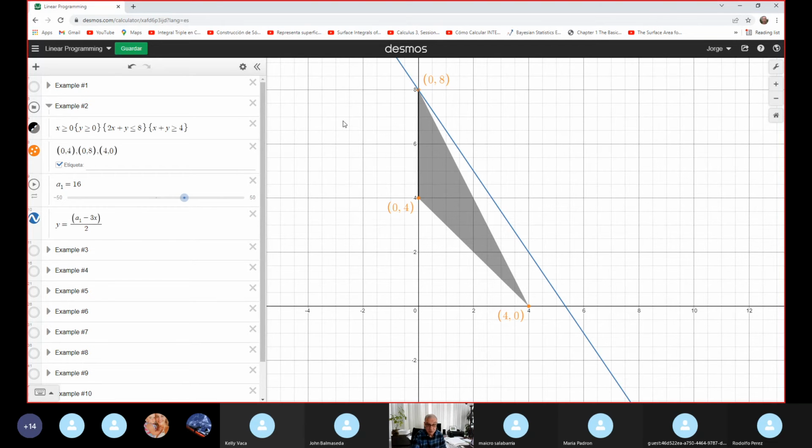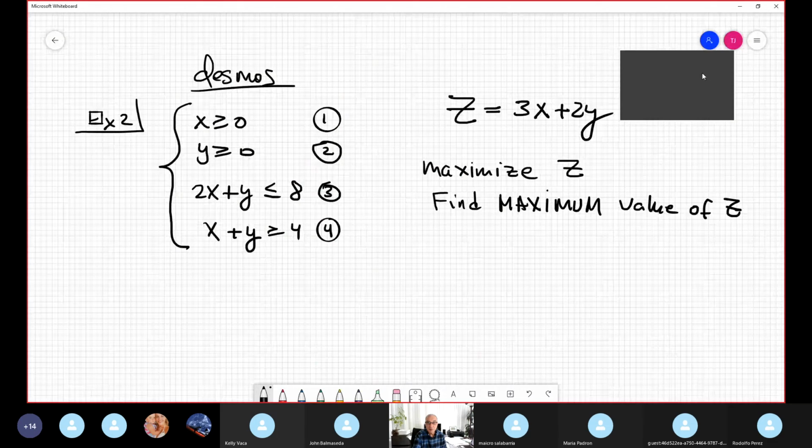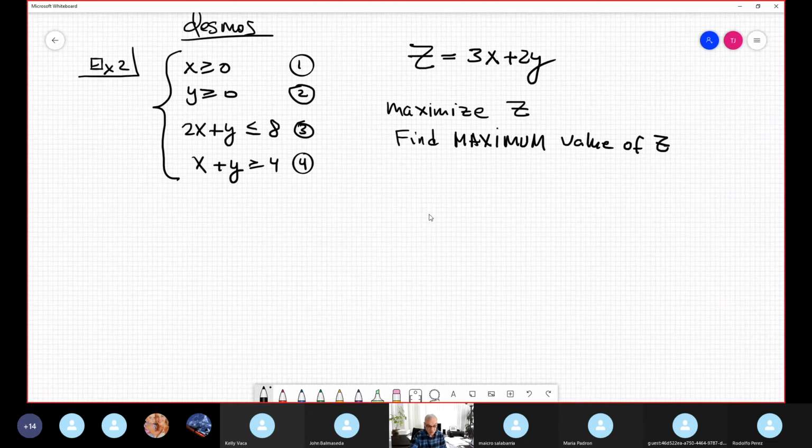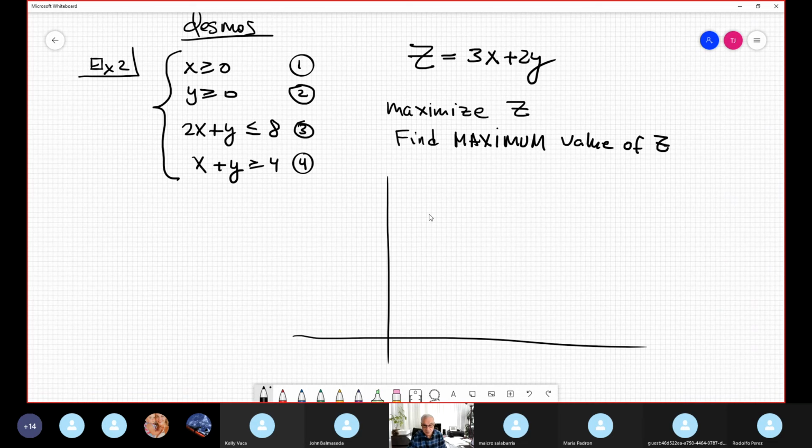Let's come back to the whiteboard to see the effect. So now the complicated part was determining the feasible region. I get something like that. I take one point here, which is 0,8.